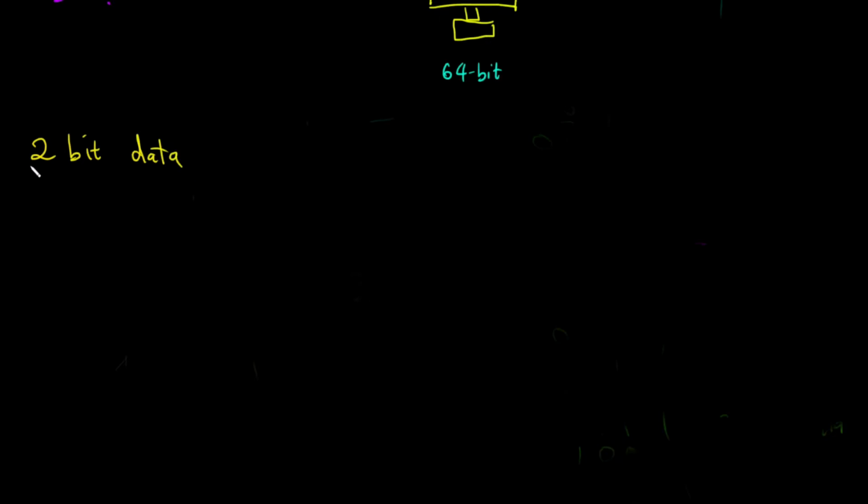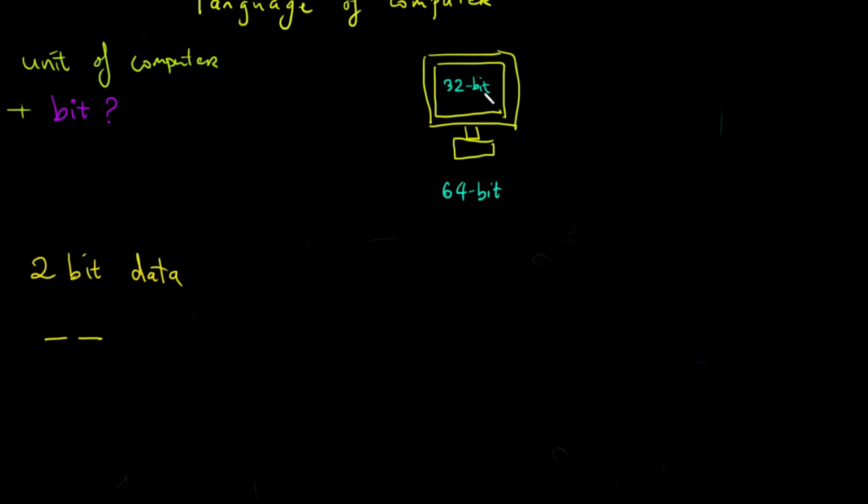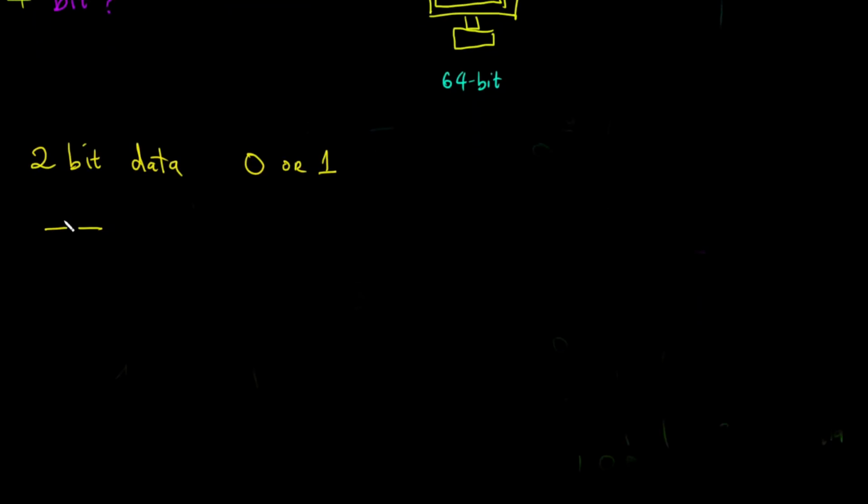What does it mean? 2-bit means it has to be some number generated by 2 spots, 1, 2. And because the computer can only understand 0 or 1, those 2 slots have to be filled by either 0 or 1.